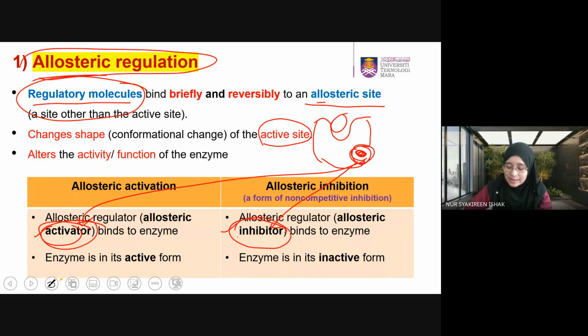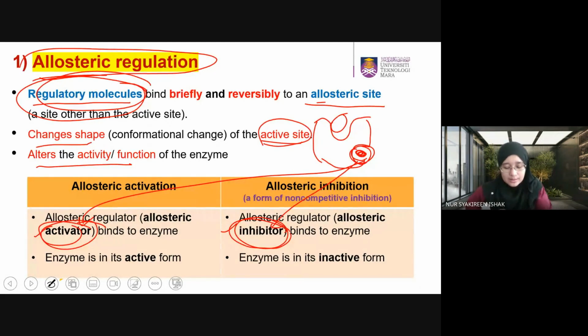But if an inhibitor binds to the allosteric site, the active site changes shape in a way that prevents the substrate from binding. So it changes the shape of the active site into either the active or inactive form, and alters the activity and function of the enzyme.